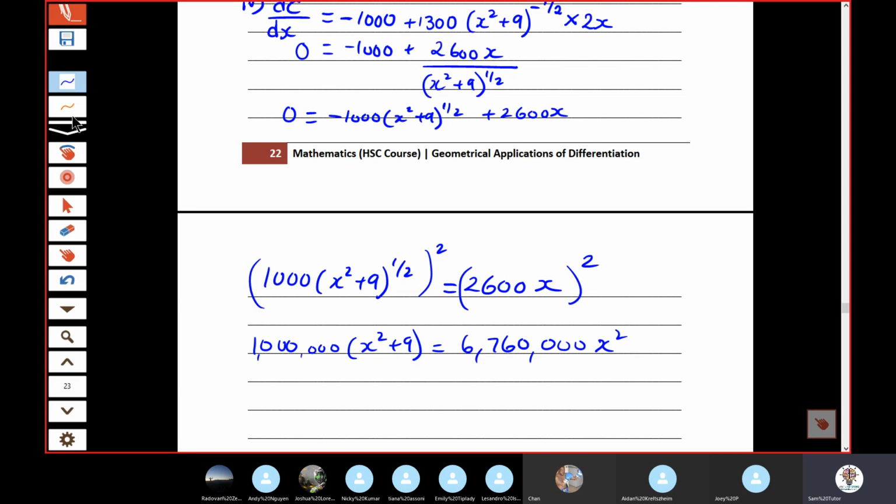A lot of the extension students would have said, "I'll just square it from here." The problem with that is, technically, this is 0 equals, let's just say a plus b. If I square it, you're going to have 2 times the inside, 2 times the third. You're stuck again. So you have to actually isolate it.